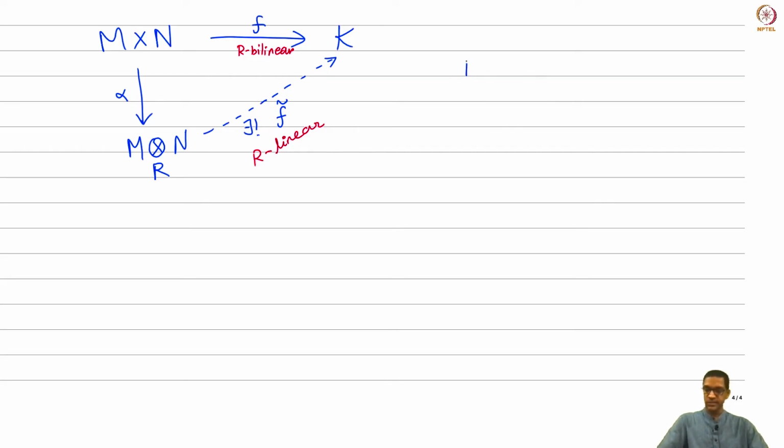In some sense, the existence of the map itself comes from the usual property of the tensor product. So let's first look at that. Observe that an R bilinear map is automatically R balanced. So first I will reduce this to something before. Think of K only as a Z module for now.